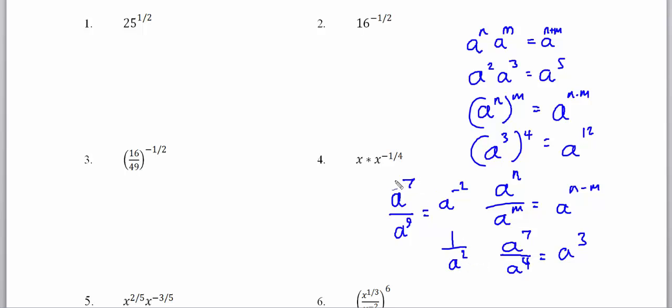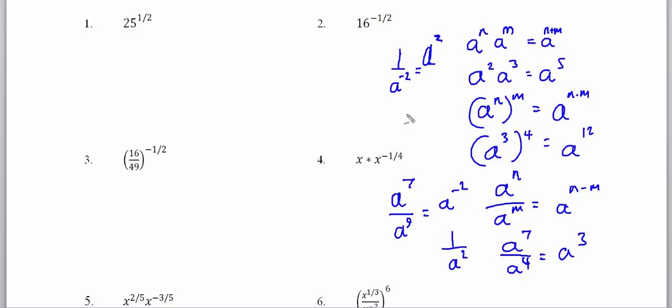And this is another situation where we have to think about what happens with a negative exponent. The negative exponent is going to do one of two things. It is going to move something from the numerator into the denominator, or something from the denominator into the numerator. So this example of 1 over a to the negative 2 can be brought to the numerator, just a to the positive second power.